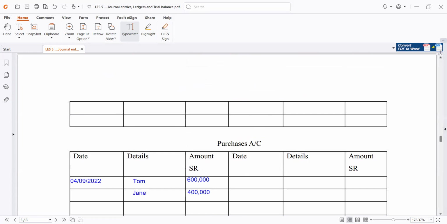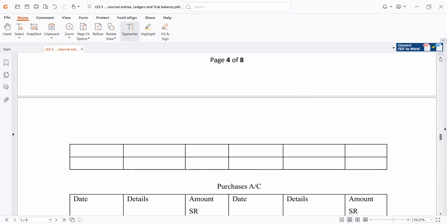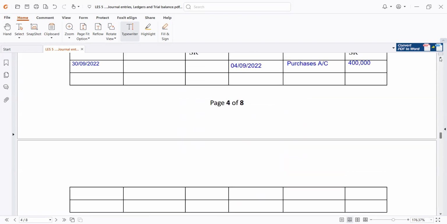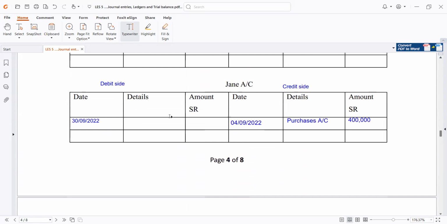Let me go back to Jane account. Yeah, here we have. This one is Jane account. So we write balance carried forward or balance carried down.